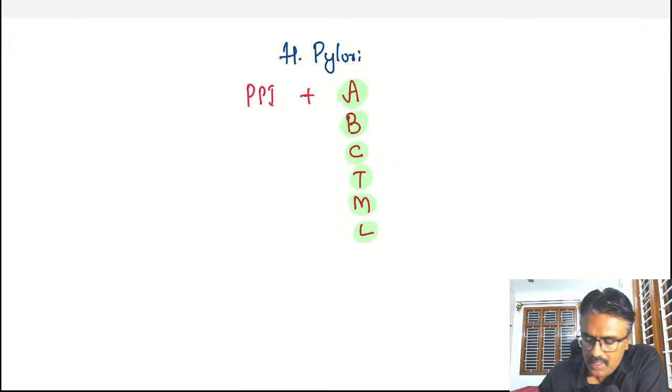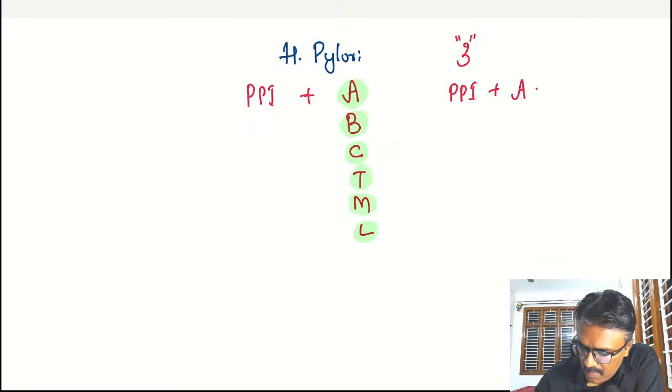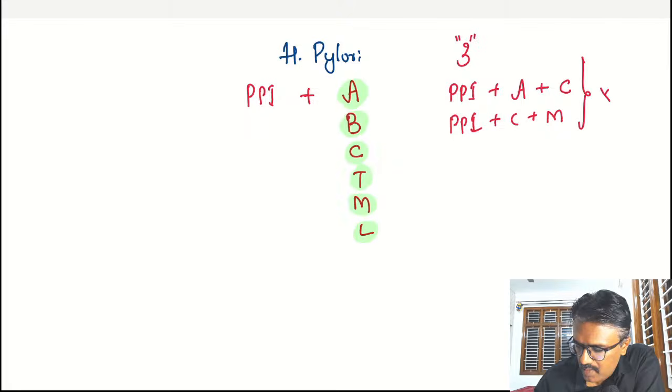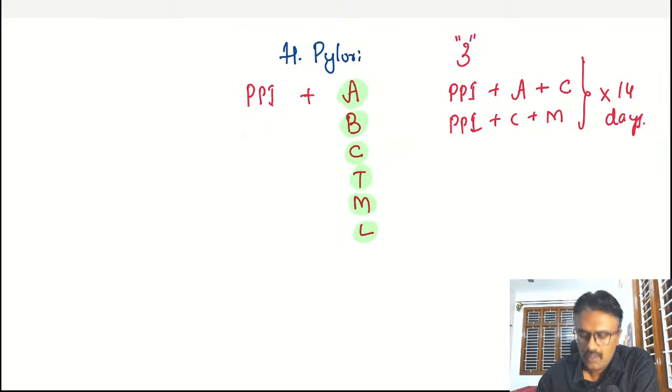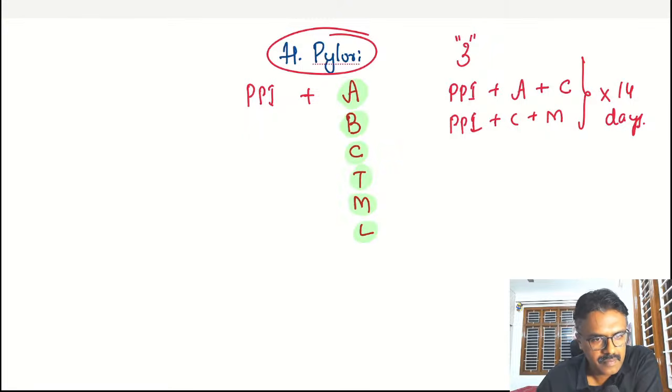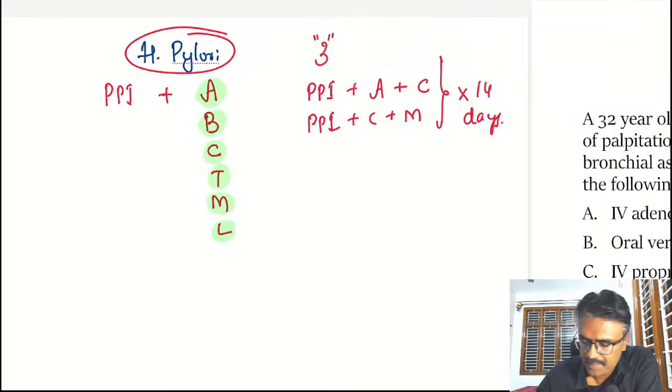Do we use all these? No, we use a 3 drug regimen. For example, we use a PPI plus amoxicillin plus clarithromycin, or we use PPI plus clarithromycin plus metronidazole. Now, how many days do we give this regimen? It's 14 days. Even that has been tested in your FMG exam. So this is how we manage H. pylori eradication.